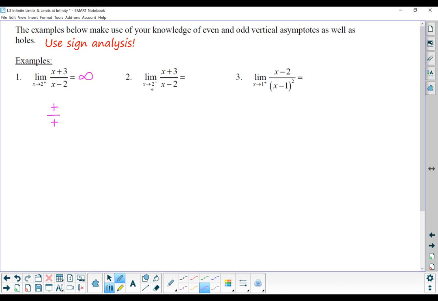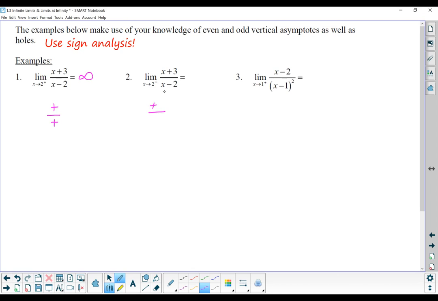For the next example, it's exactly the same function, but we're approaching 2 from the left side. Again, we're going to think about that sign analysis. If I put in a number just to the left of 2, maybe 1.99, my numerator is going to be a number a little bit less than 5, so that's definitely a positive number.